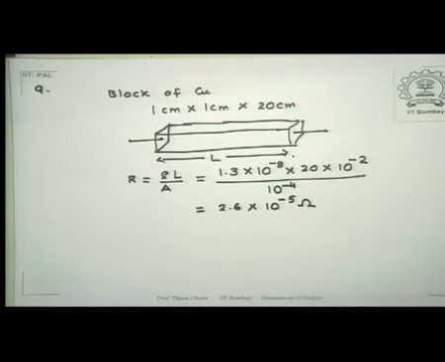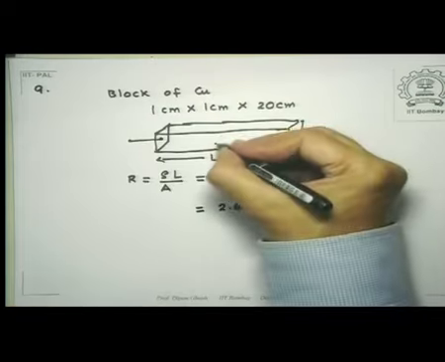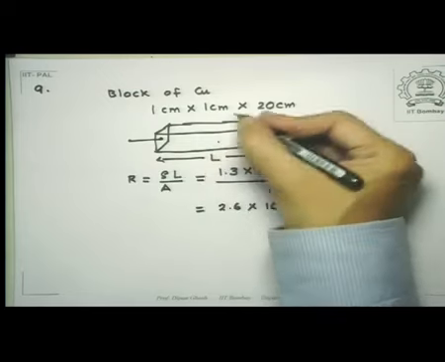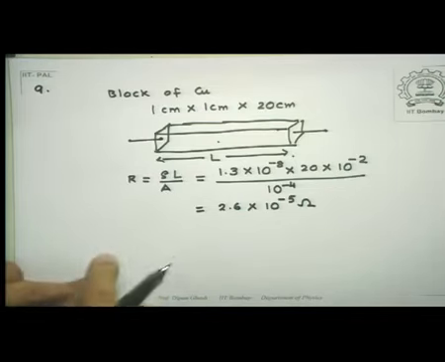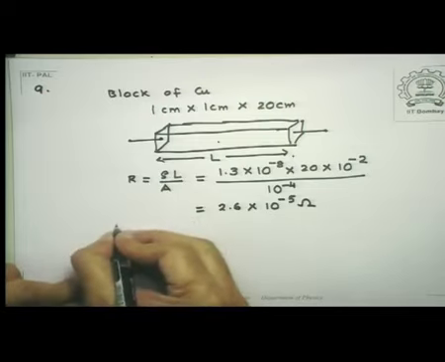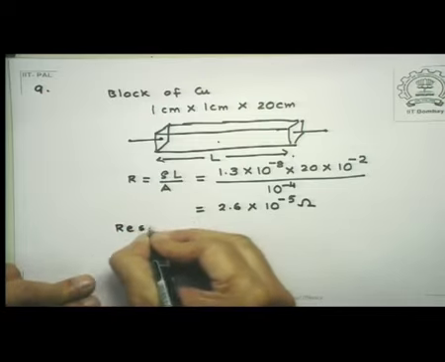Now, suppose instead you had applied the potential difference between the rectangular ends. Now, your numbers will change, because this is the resistance between rectangular ends.